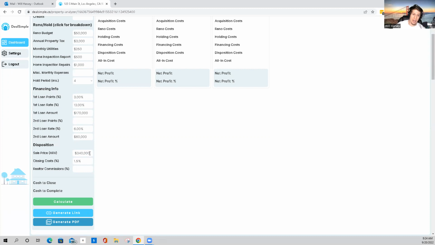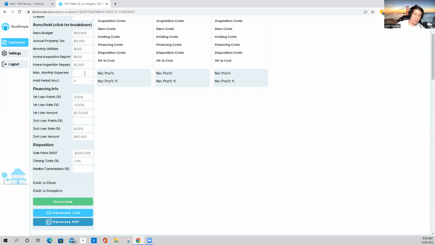You just got to analyze the comparable properties that have sold, and try to come up with a conservative ARV. This ARV is, in my opinion, the most important thing, because if you're off on this by 5 or 10%, it doesn't sound like a lot, but it can completely wipe out any profit that you would have made. So I highly recommend always being on the conservative side when looking at the ARV.